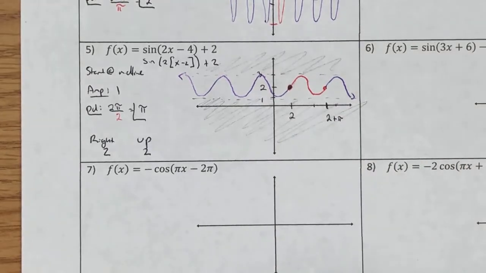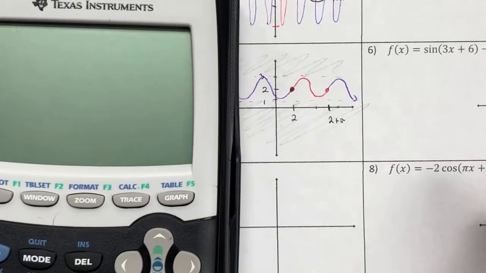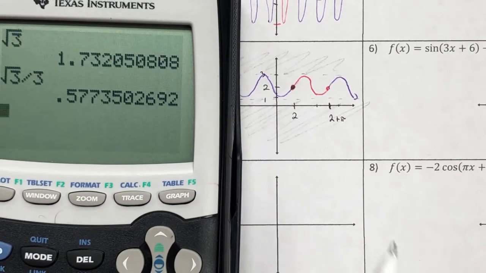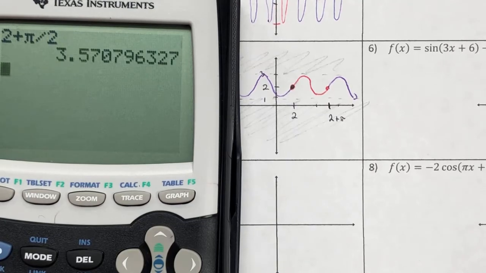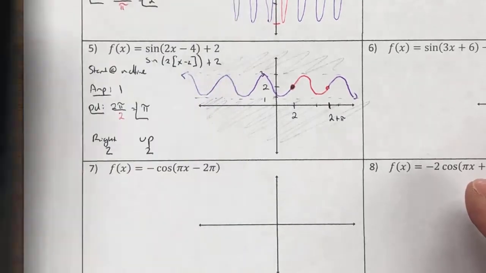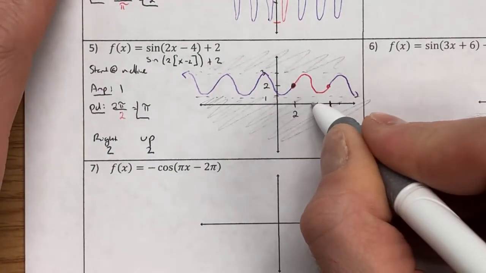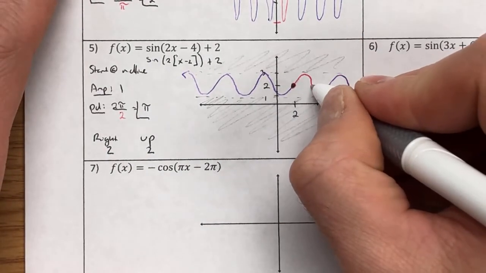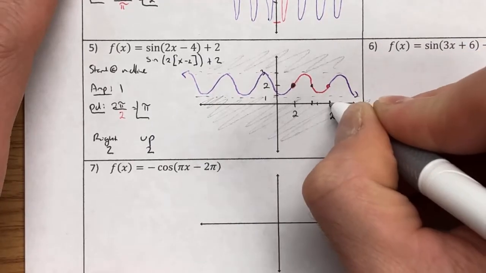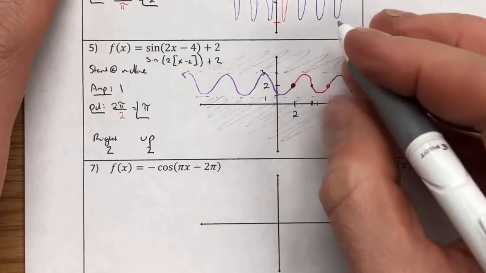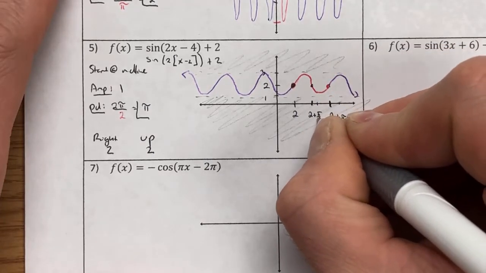So we're going to say 2 plus pi over 2, which, as I zoomed in, is going to give us roughly 3.5. So I know roughly, let's see, that's 2, that's 4, so around 3.5. Ooh, perfect. This is going to be 2 plus pi over 2.